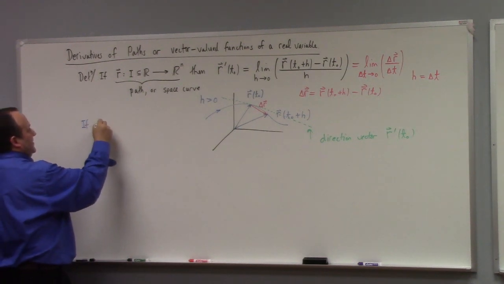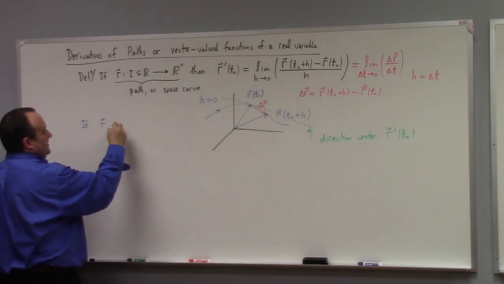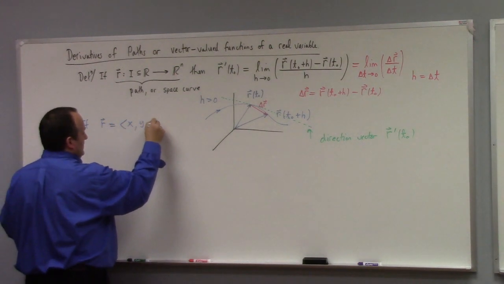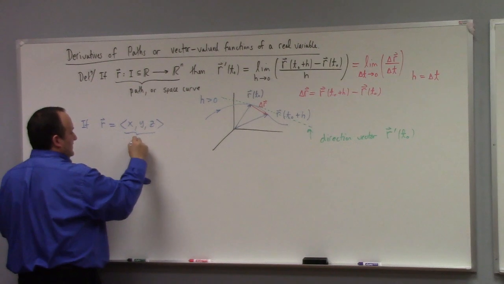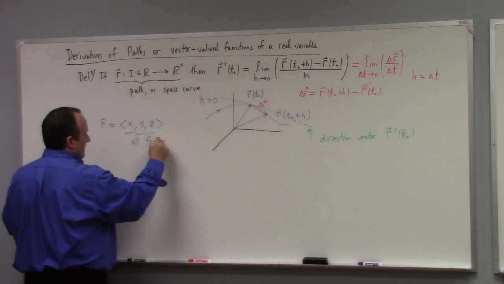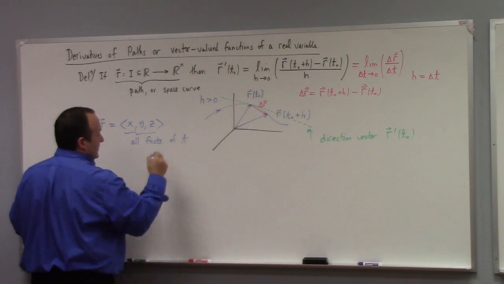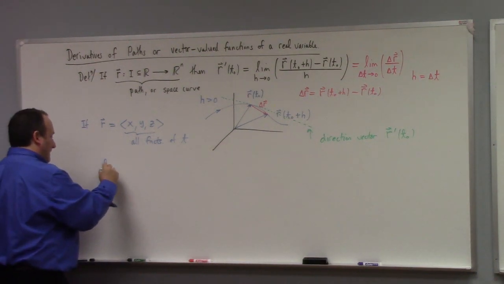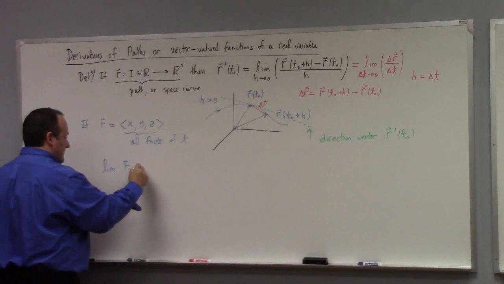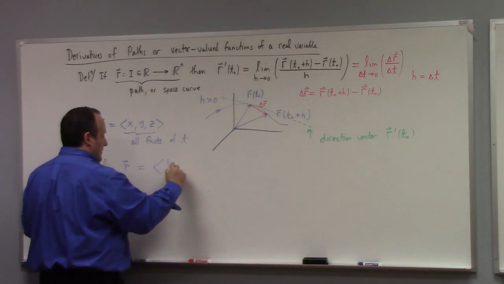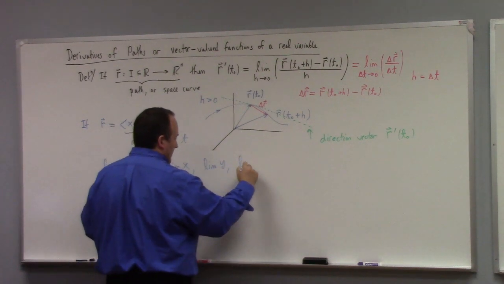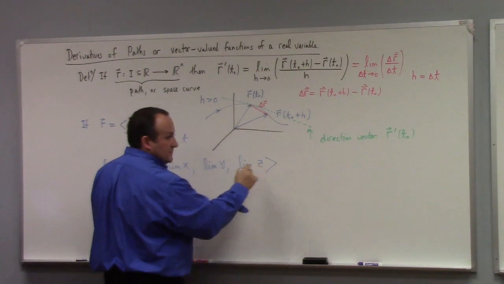And so this is the place where I'm not going to prove things, I'm just going to tell you, okay? If r is equal to x, y, z, all functions of t, then the limit of the r vector is equal to the limit of the x function, the limit of the y function, comma, the limit of the z function.